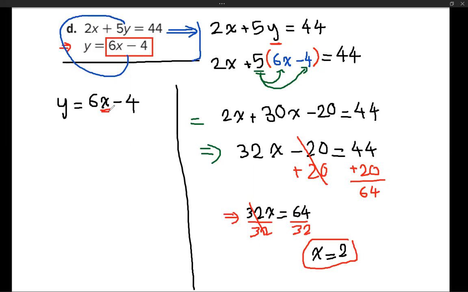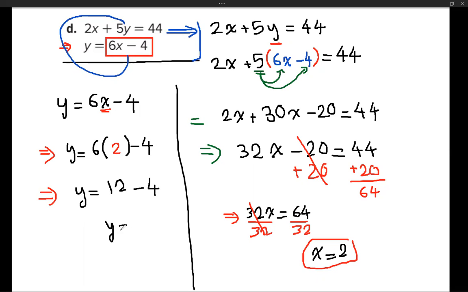So we can write y equals 6, but this time, instead of writing x, we open two parentheses and put the value of x, which is 2. So the equation becomes y equals 6 times 2, which is 12, minus 4. So y is equal to 8.